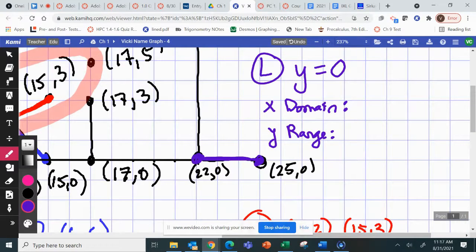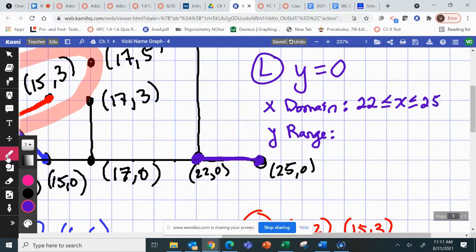So the domain would be the X values. So tell me what I'd write. It'd be 22 is less than or equal to X less than or equal to 25.